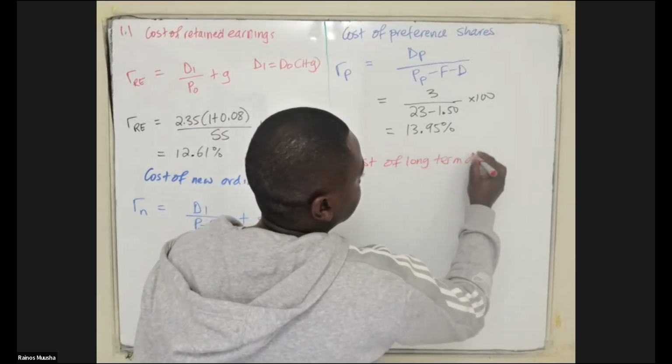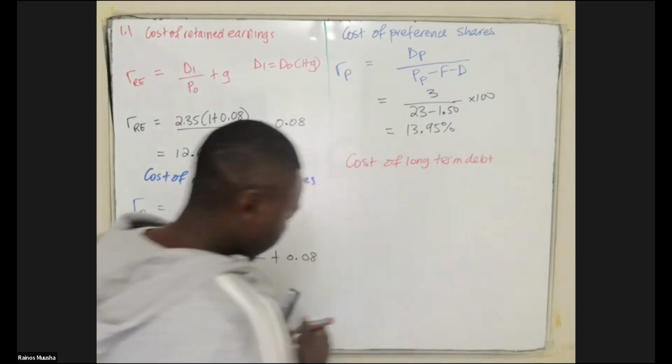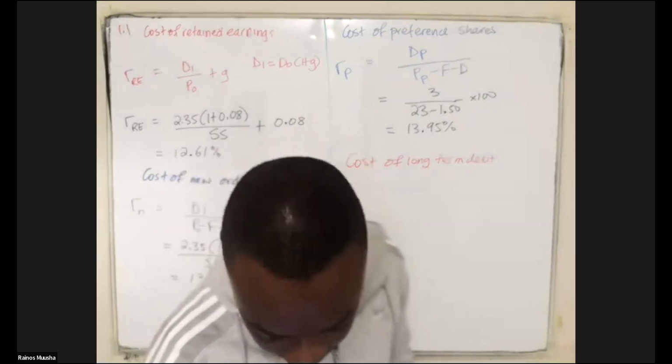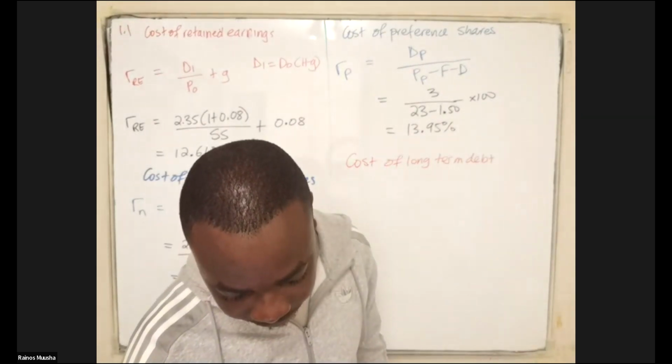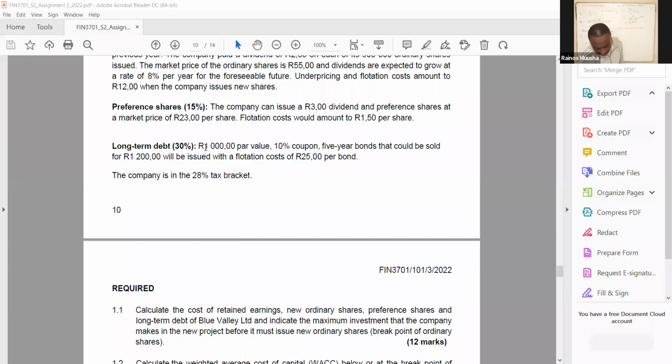If you check the question, they tell us that for the long-term debt, it's £1,000 value, 10% coupon, 5-year bonds that can be sold for 1,200 and will be issued with a flotation cost of 25 Rand per bond. The company is in the 28% tax bracket as well. That's basically what they give us there.